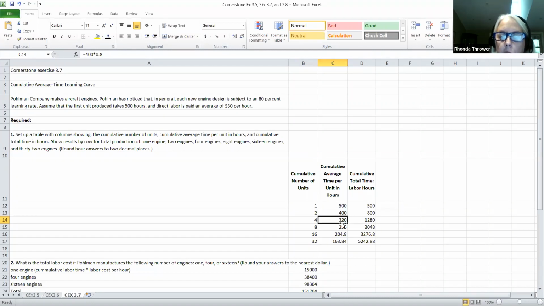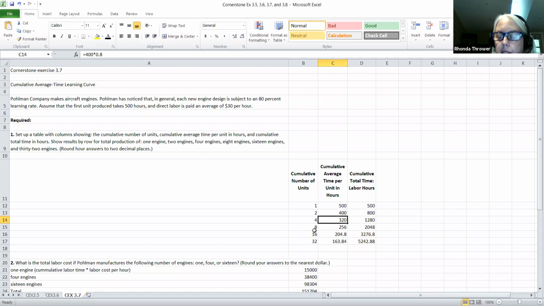So it takes 80% less time than it did before in the previous units. So 400 times 80% is 320. Then you're going to take the 4 units and multiply it by 320 to get your total cumulative total time labor hours. For 4 units, it costs them 320 hours times 4 for a total of 1,280 hours all total to produce 4 units.